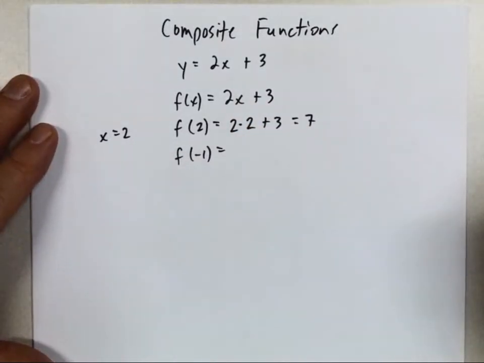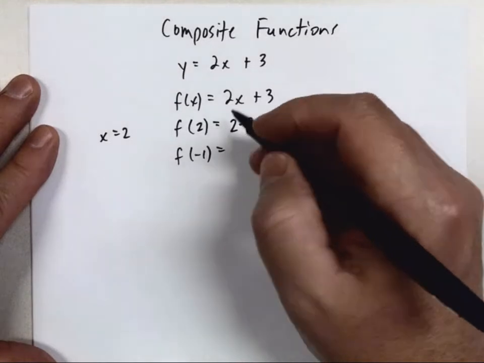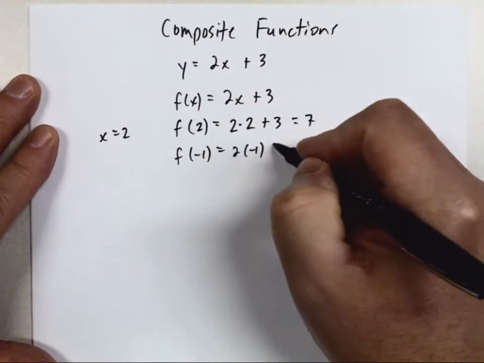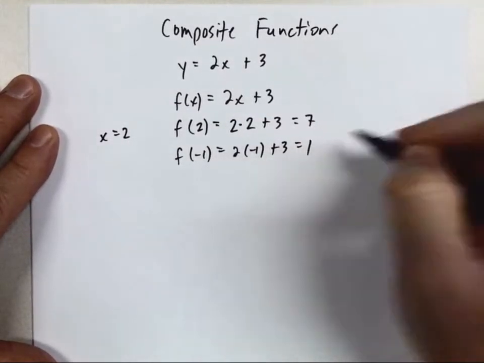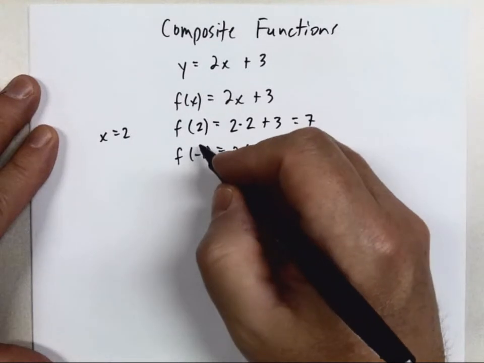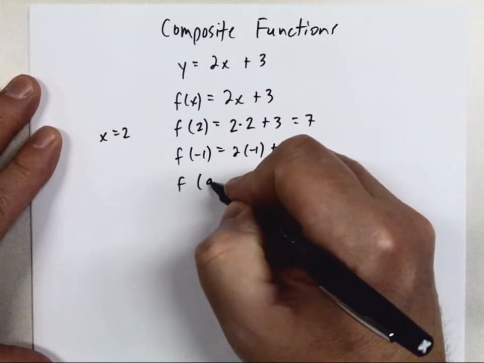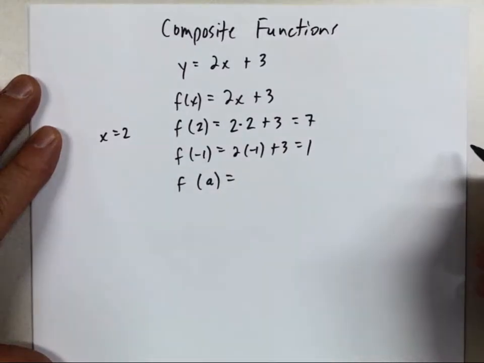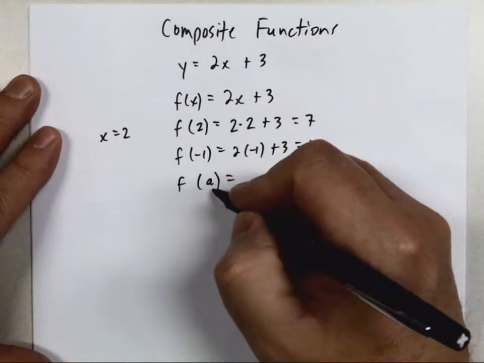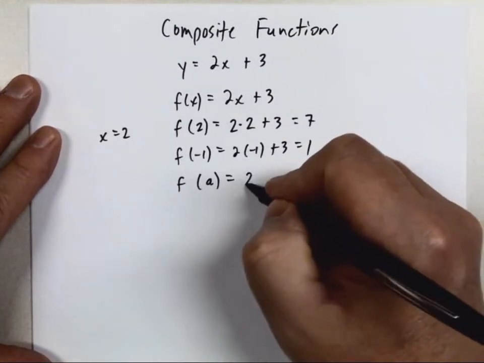If I wanted to determine f of -1, every place you have an x, you plug in -1. And it doesn't even have to be numbers. It can be f of a. Every place you have an x, you plug in an a.